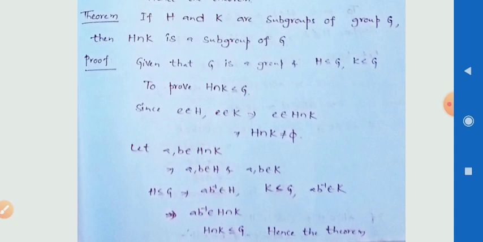Let a, b belong to H intersection K. Using the intersection property we get a, b belong to H and a, b belong to K. Here H is a subgroup of G, taking a, b belong to H, that becomes a b inverse belongs to H by the previous theorem, and K is a subgroup of G. Since a, b belong to K, we get a b inverse belongs to K by the previous theorem. Here a b inverse is in H and a b inverse is in K. Therefore a b inverse belongs to H intersection K. Therefore H intersection K is also a subgroup of G.